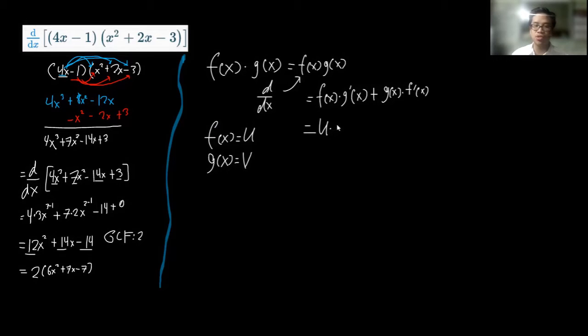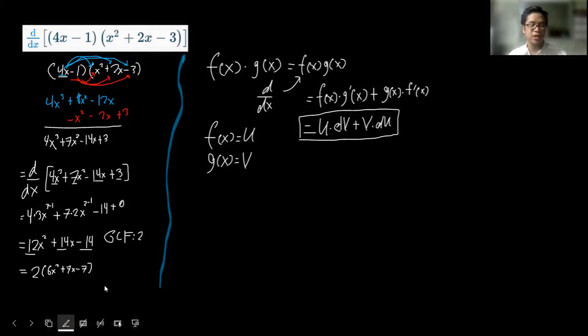I'll just use dv. D stands for derivative, and v is your v basically. So u dv plus your g of x, v, times the derivative of your f of x, or f prime of x, is du. So that is the simplified formula for the product rule: u dv plus v du. That's it. I'm just introducing you to the formula of the product rule here.